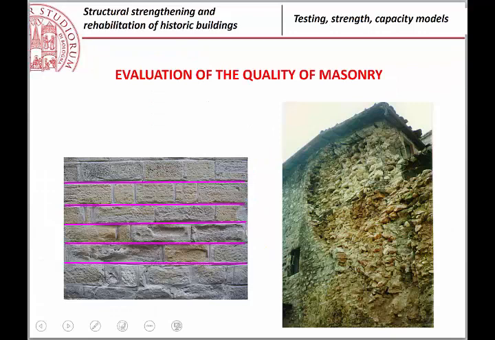Okay, so the quality of the masonry is a fundamental issue. As you see from this initial picture, the quality of the masonry can be very, very different depending on the age, on the period of construction, but also on the region where your building is built.